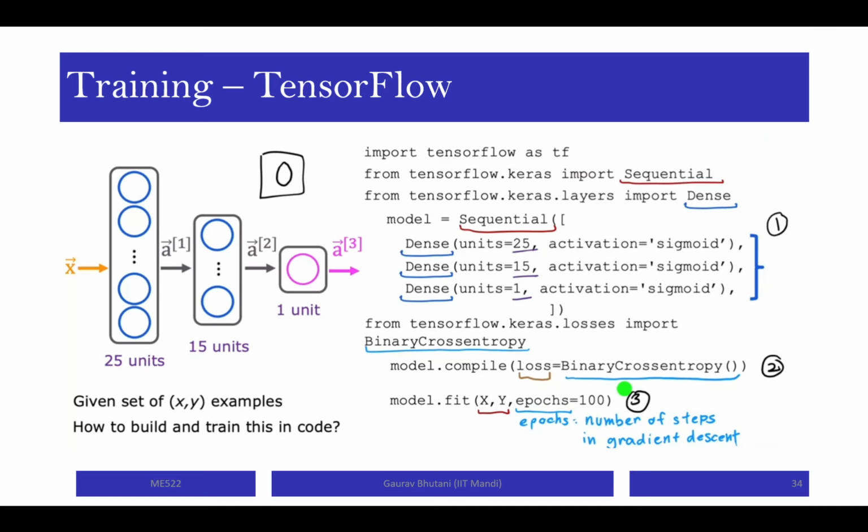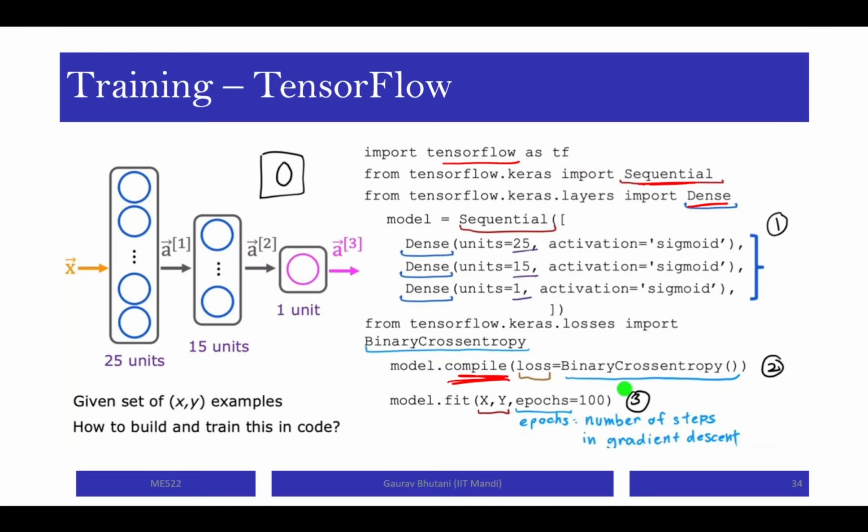I told you that was more of a pseudo code, this looks more like real code. First you import TensorFlow, then you import Sequential, you have to import Dense, all these classes have to be imported. And then you need this compile function. To the compile function you have to specify what kind of loss function you want to use.